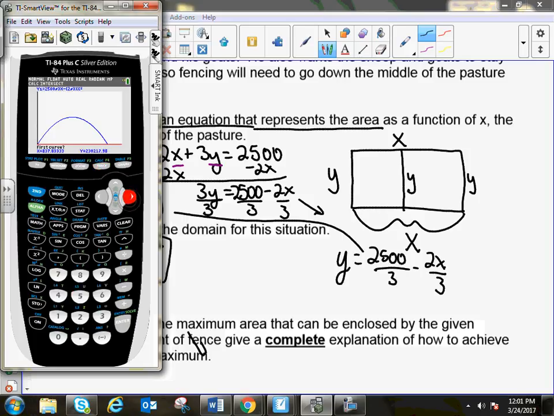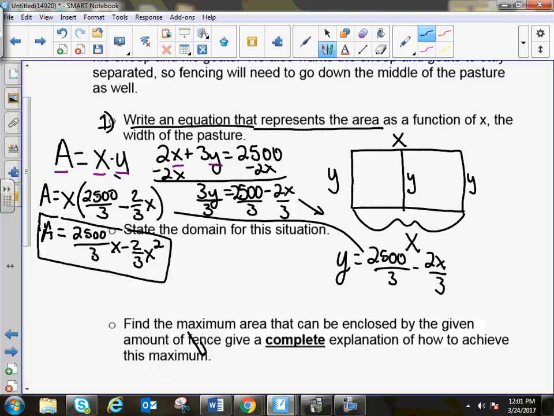I'm just going to do the one on the right because I can tell the one on the left is 0. I have 1,250. So my domain for the width, which is what I'm calling x, would be anything bigger than 0 to anything smaller than 1,250.